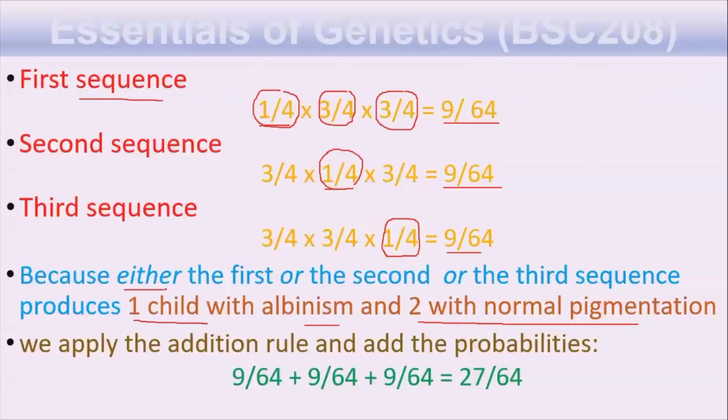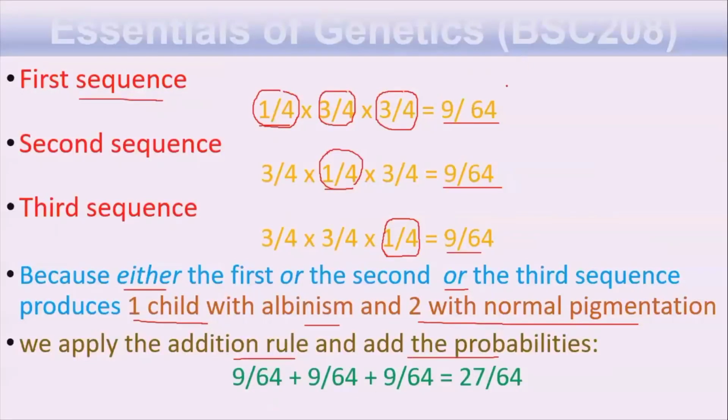So now it is an either-or situation. We have already determined these three probabilities, and either of these three events can give rise to one child with albinism and two with normal pigmentation. So now we apply the addition rule and add the probabilities.